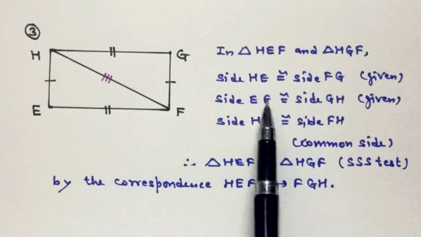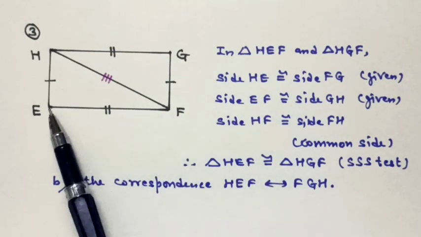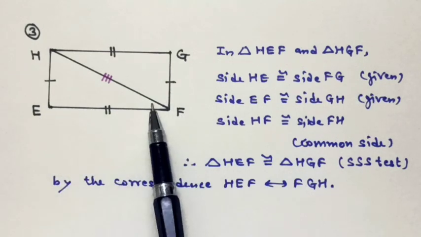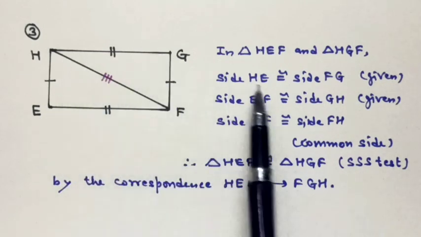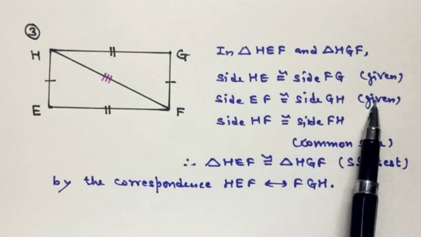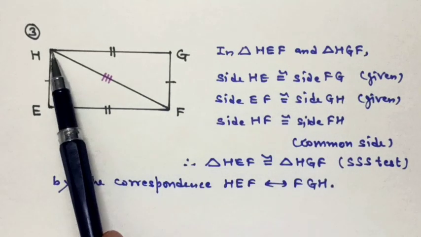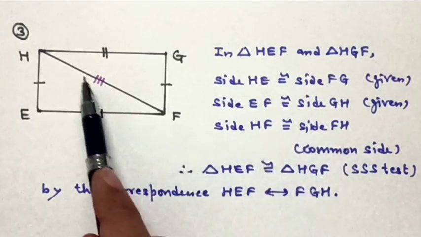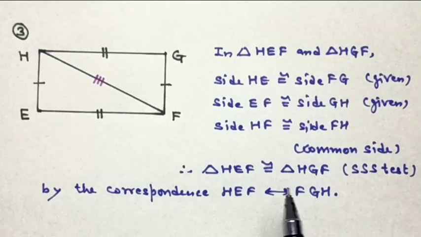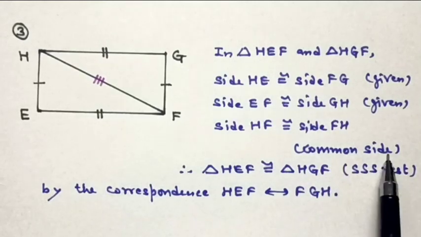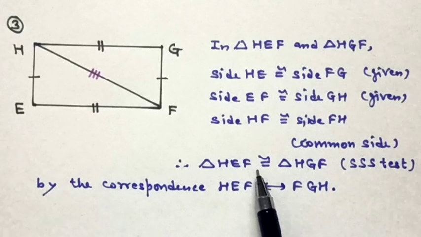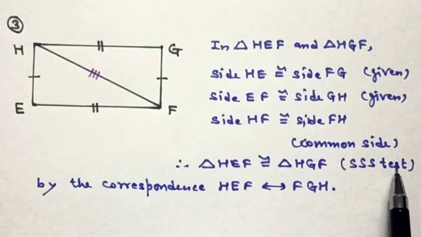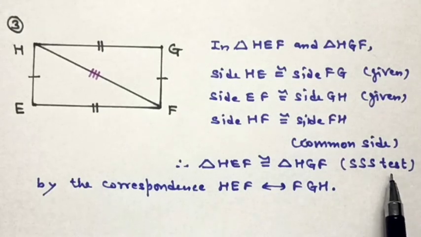Then side EF, E open one, and this is a corner side, so EF. Similarly here GH, again it is given. And then lastly you can say side HF is congruent to side FH, this way and this way, or the same you can write. This is a common side. Therefore triangle HEF is congruent to triangle HGF by SSS test, side test.